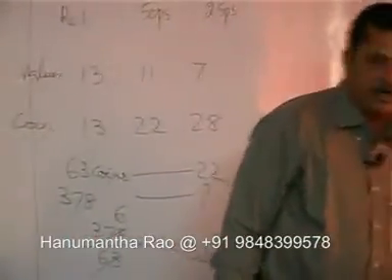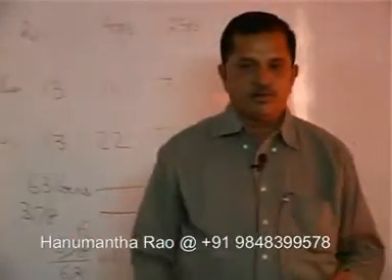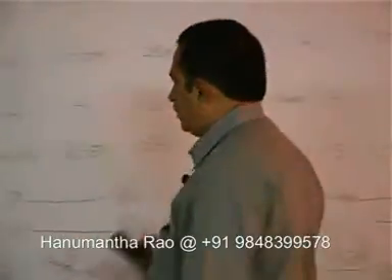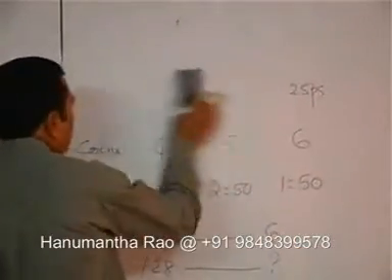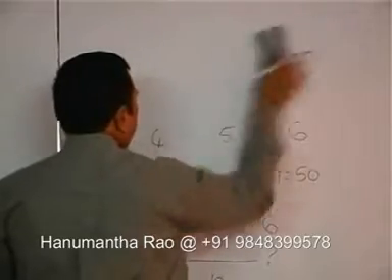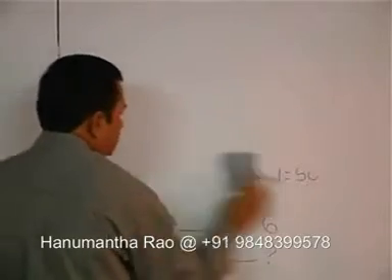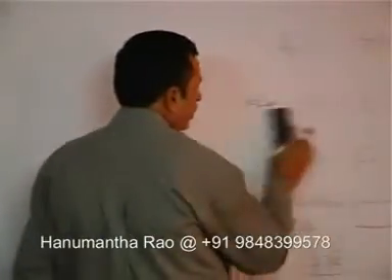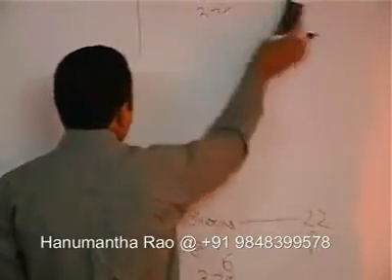Okay. So in general, I think you got an idea how to do the problems related to ratio and proportion. And mixtures: don't treat ratio and mixtures as separate topics. They both are interlinked. Mixtures or alligation, both are the same.